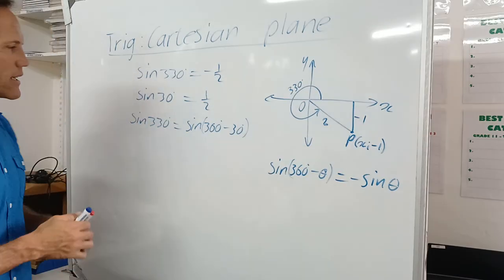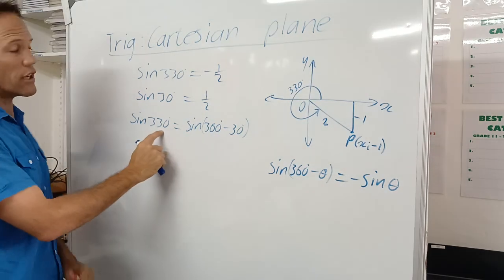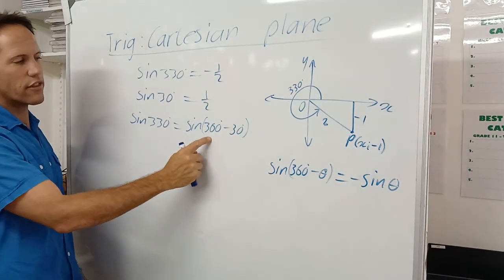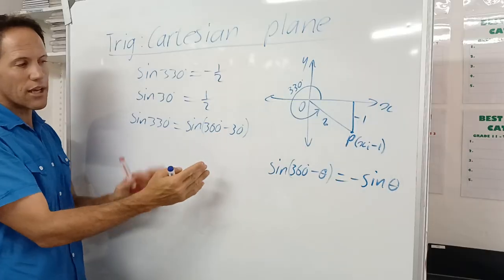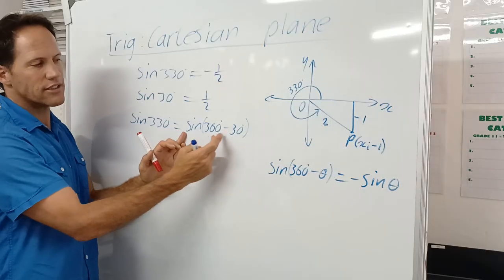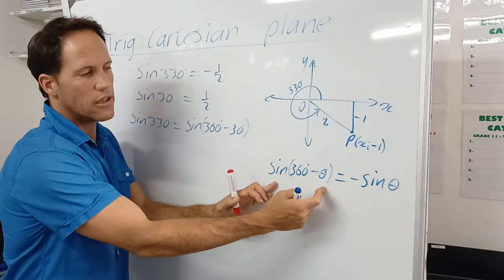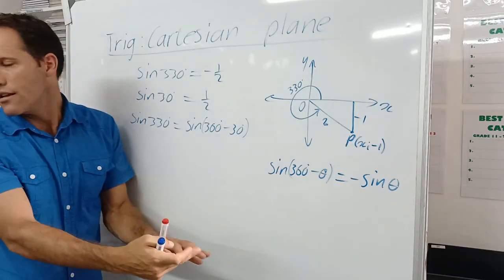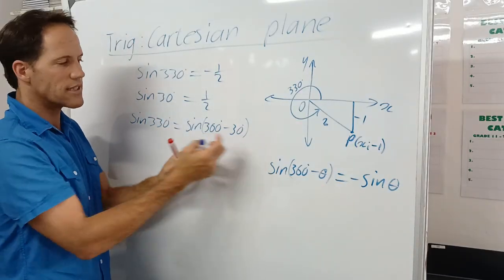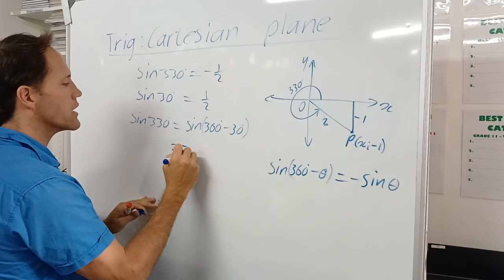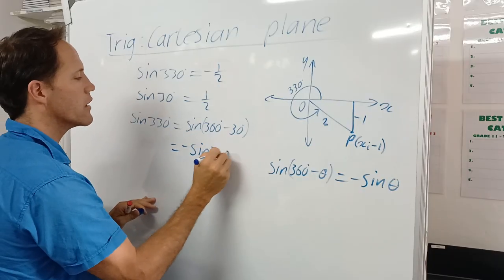So that means we can say, if sine 330 is sine 360 minus 30, think about it. What is sine 360 minus theta? Negative sine theta. So what is sine 360 minus 30? It is negative sine 30.